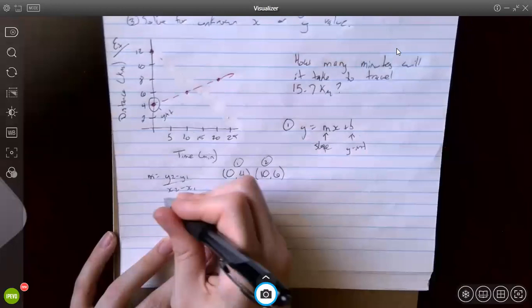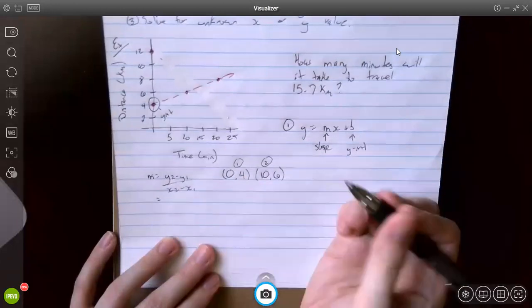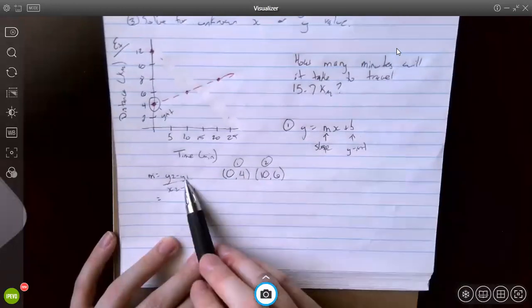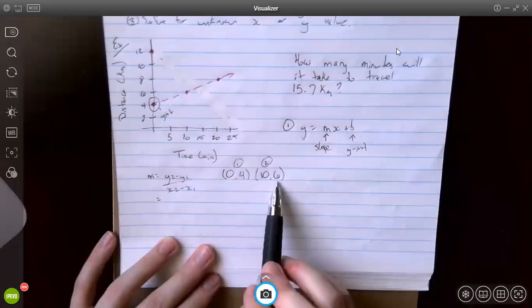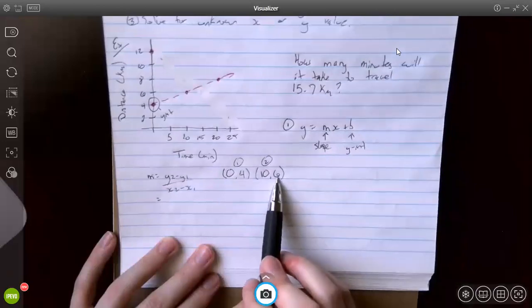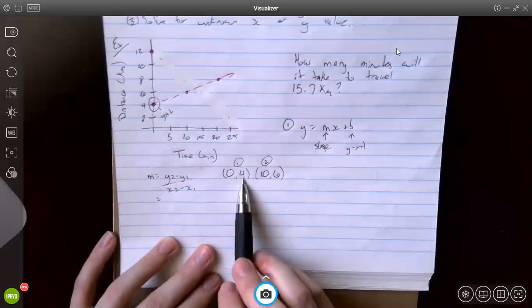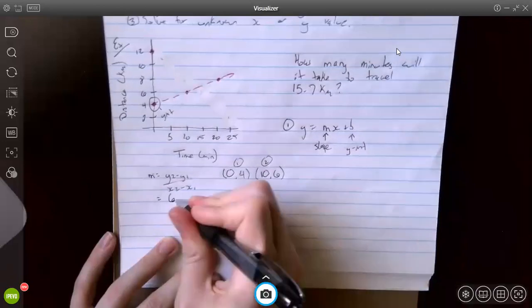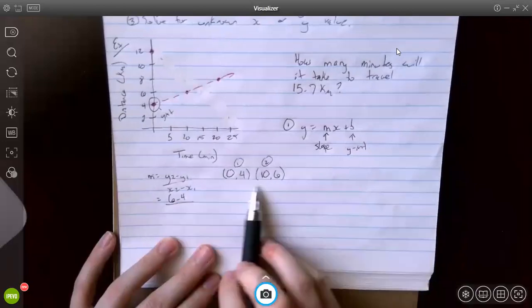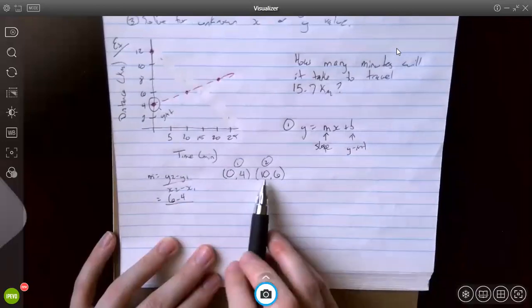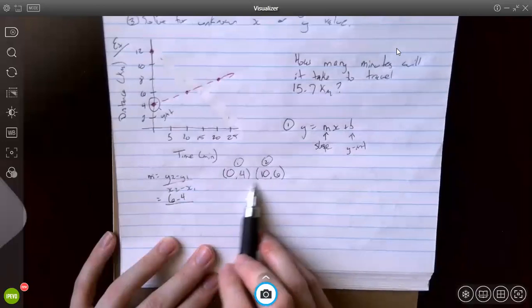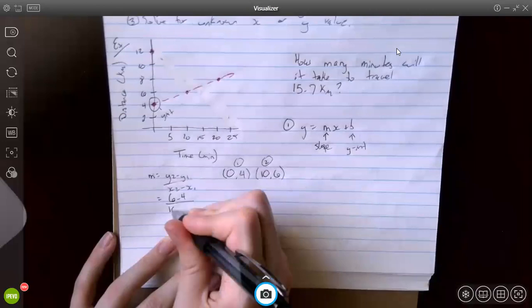I'll then plug that into my formula. So y2 minus y1. So I'm going to take my y value from my second coordinate, which is 6, and subtract the y value from my first coordinate, which is 4. So 6 minus 4. And then I'll do the same with my x coordinates. So my second x coordinate is 10. My first one is 0, so 10 minus 0.